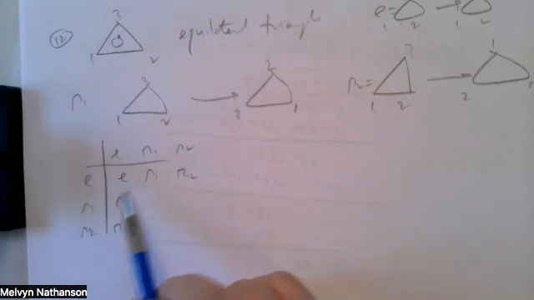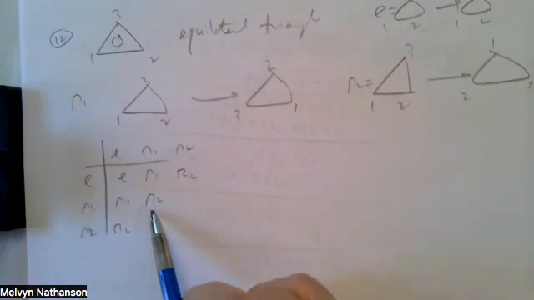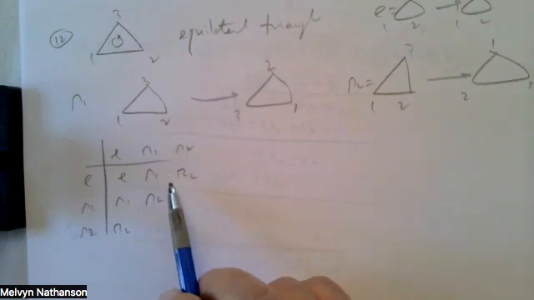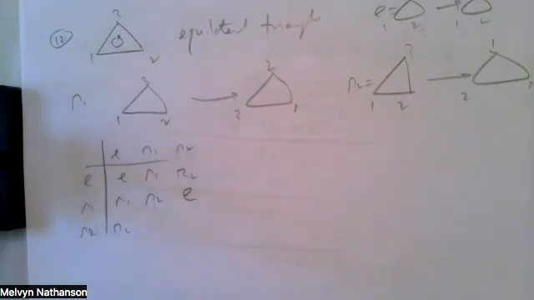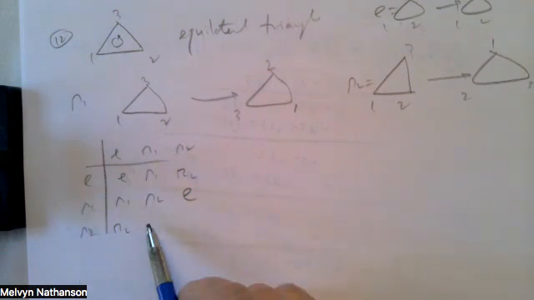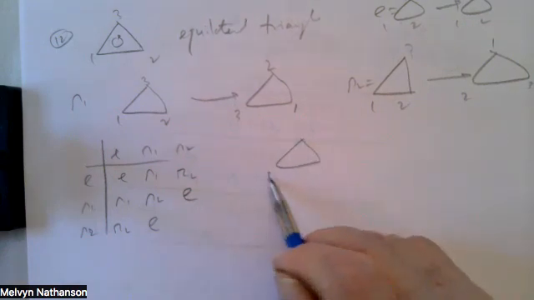R1 times R1 means rotate once and rotate again. That's rotation twice. R1 by R2 means rotate twice and then a third time. Well, when you rotate a third time, you're back where you started. And the same, R2, R1, rotate once and then 2 more times, you're back where you started.